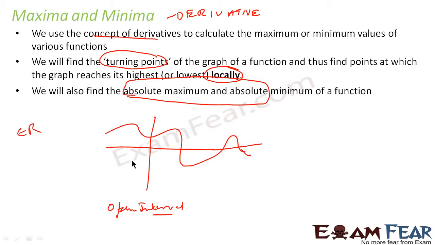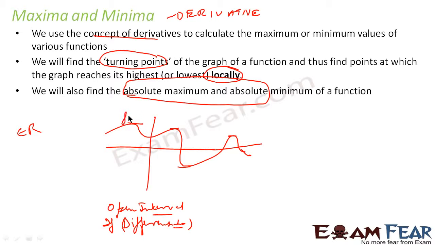In such kind of functions, we generally find the turning points if it is differentiable. Please note the derivative can be used only when the function is differentiable. So if it is differentiable, you find f dash x, and if that is equal to 0, that is the turning point.